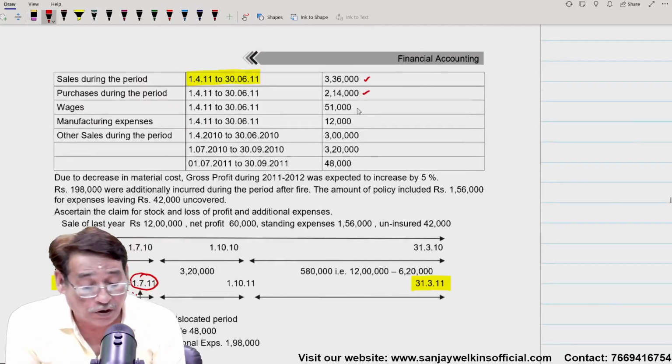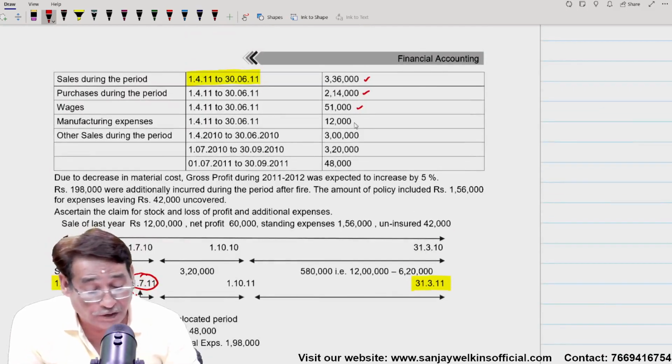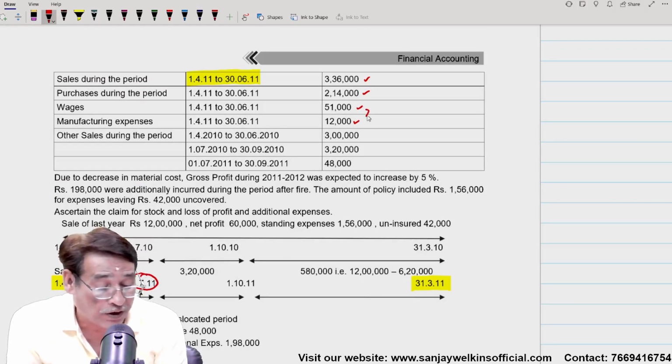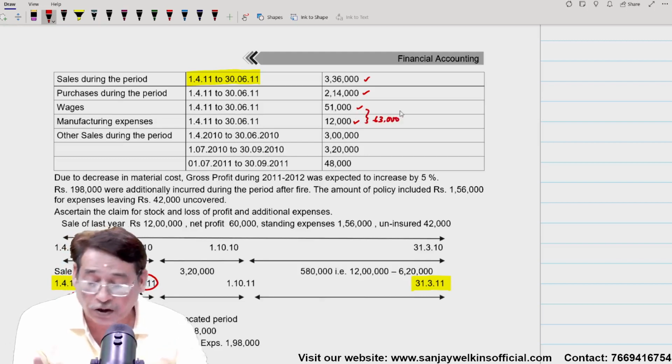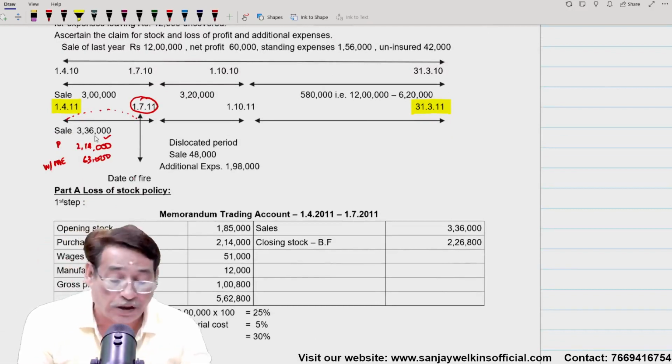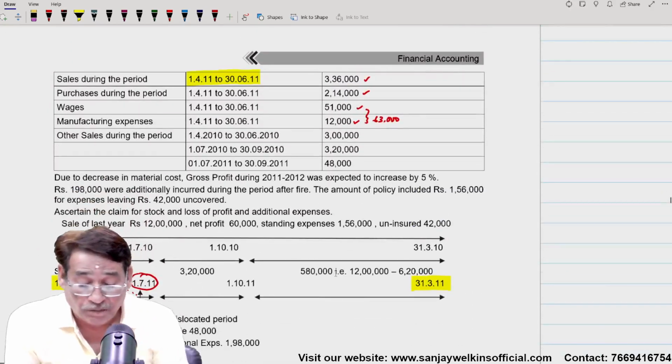You are given that your wages were 51,000, manufacturing expenses were 12,000. That means total direct expenses is equal to 63,000 during this particular period. So wages and manufacturing expenses combined equal to 63,000 during this particular period. It is given in the question.